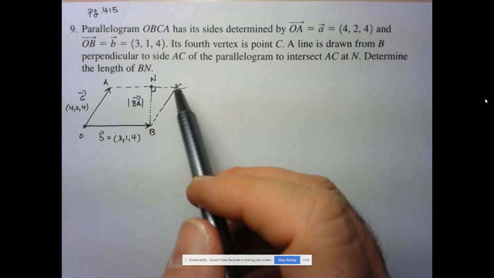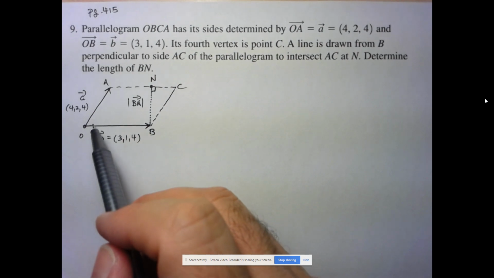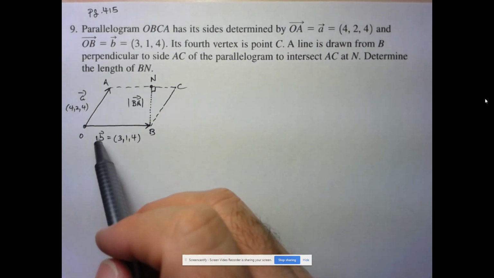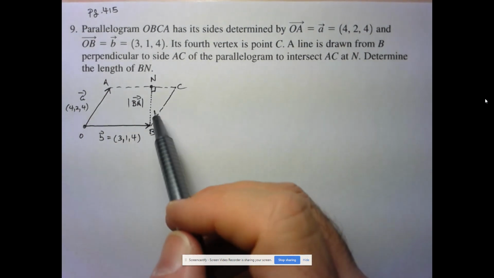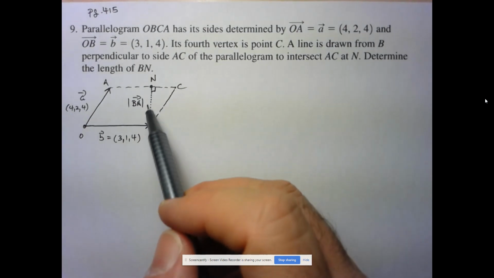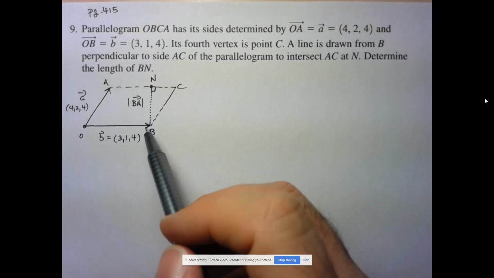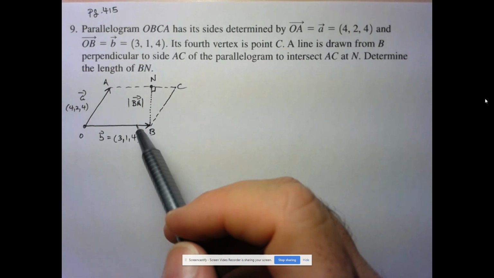And because it's a parallelogram, this angle inside the triangle is the same as this angle across it, which of course is the angle between the vectors A and B, and you can use a dot product to find that angle. And then once you have the hypotenuse and this angle, you can just use right angle trigonometry to determine BN.